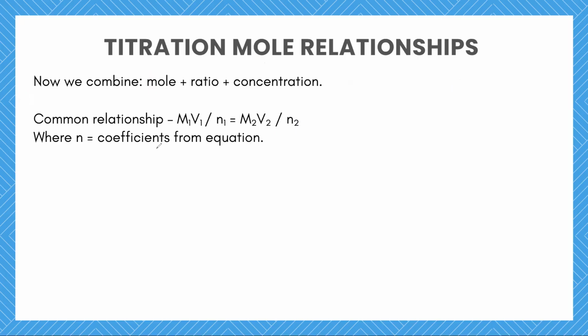Now, titration is one concept that comes up in terminal examinations like WAEC, NECO, and the rest of them, where you get to make your hands busy through practical chemistry. So we have a formula that is very important to know. We have M₁V₁ divided by N1 is equal to M₂V₂ divided by N2.